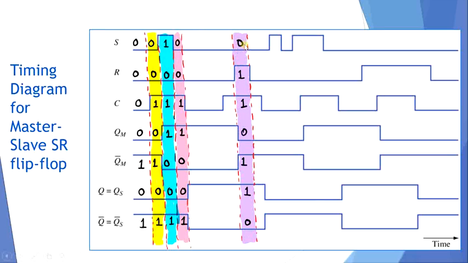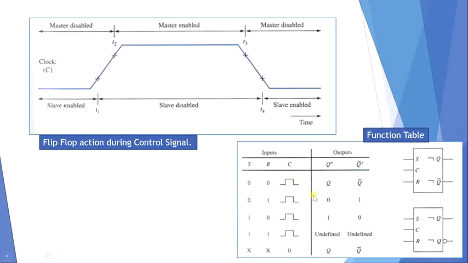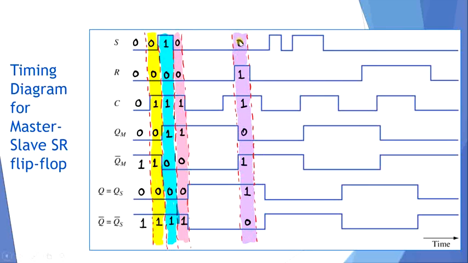Whereas for the last case, wherein I am considering 0 1 and clock 1, I have the condition for which the output will be equal to 0 1. That is because if you look at the function table, for 0 1 when the clock is applied, the output will be equal to 0 1. So the same thing has been reflected here. When I am applying 0 1 with the clock, I am having 0 1 here, but for the slave the clock is equal to 0.